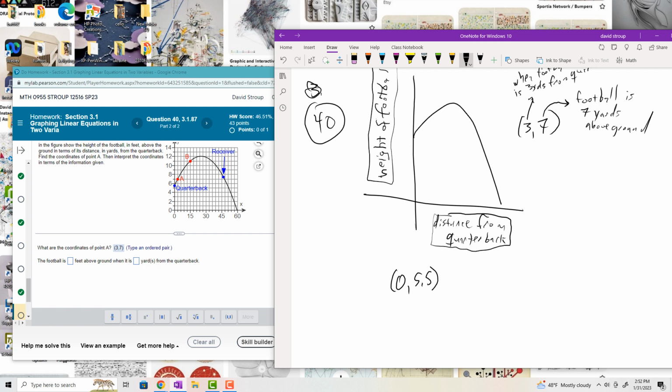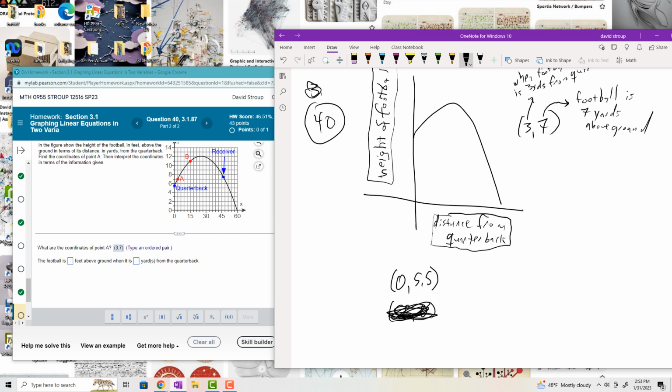So it makes more sense that you wouldn't have 5.5, 0. So you would not start with the football 5.5 feet or yards, whichever units are used, away from the quarterback, and then the height is 0. So you kind of have to use your brain a little bit.